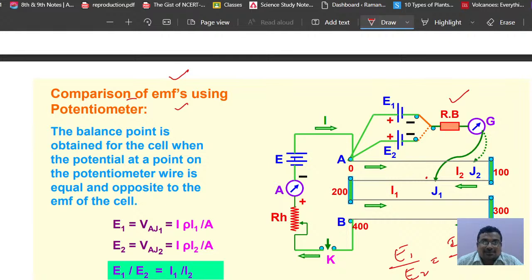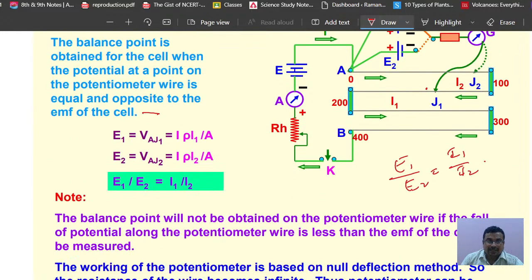It is a device, an ideal voltmeter, that can measure the potential difference and works on the null effect. The balance point is obtained when the potential at a point on the potentiometer wire is equal and opposite to the EMF of the cell.